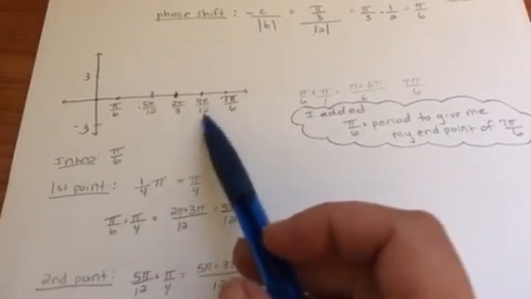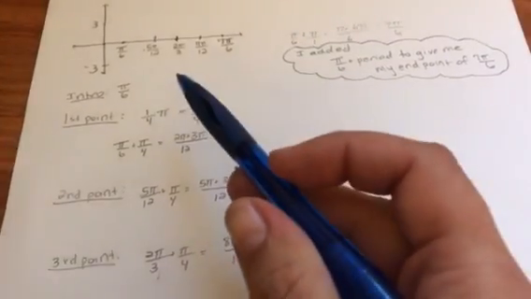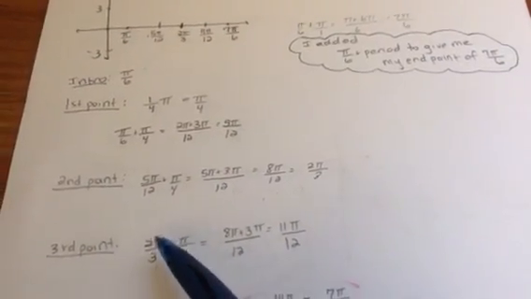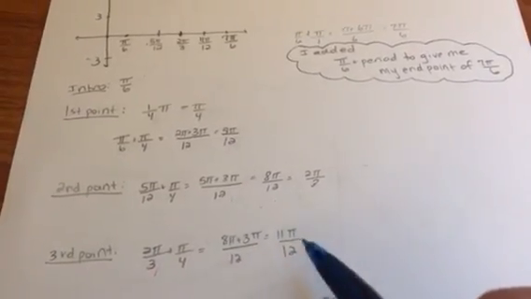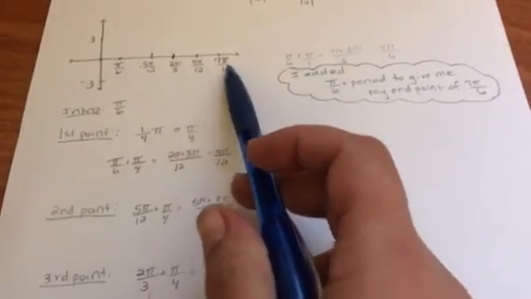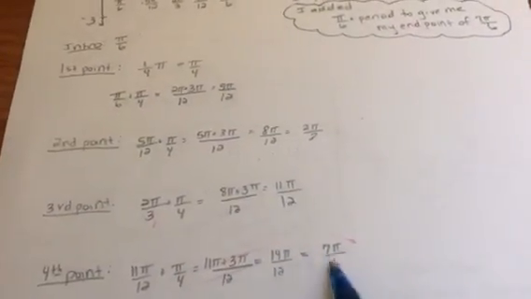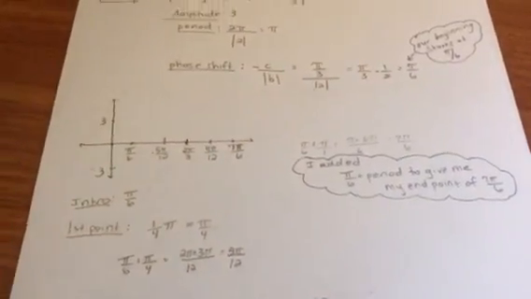And finally, to get this next point, I take 2 pi over 3, that middle point that we found, and add another pi over 4, so it's the same as adding 2/3 plus 1/4, and I get 11/12 pi, which is right here. And then just to verify that this is correct, I took the 11 pi over 12, I added pi over 4, and sure enough, I did end up getting my last point, 7 pi over 6.